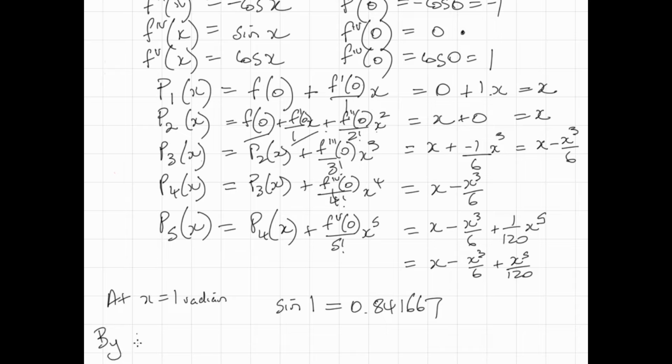By Taylor series, P5 of 1, so this is the fifth order, will be equal to 1 minus 1 on 6, putting 1 in here for x, plus 1 over 120, and you get that is equal to 0.84167.